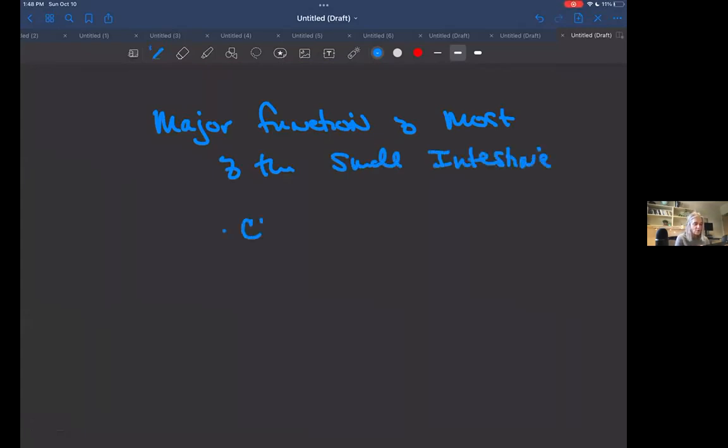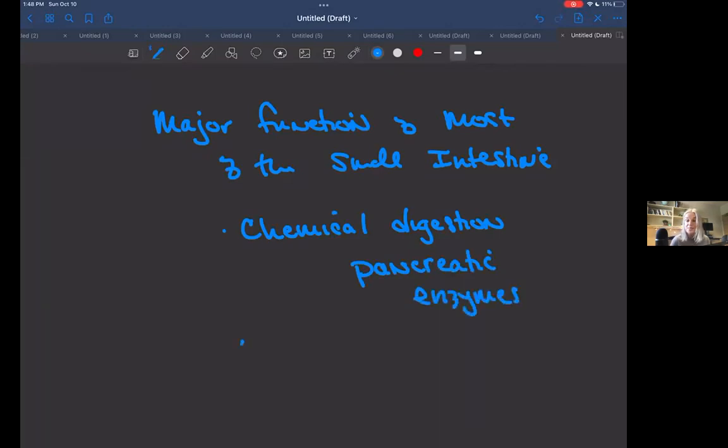We have chemical digestion, so we have pancreatic enzymes. The second part is nutrient absorption.